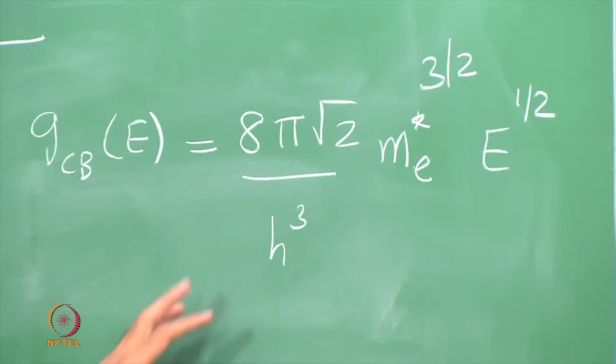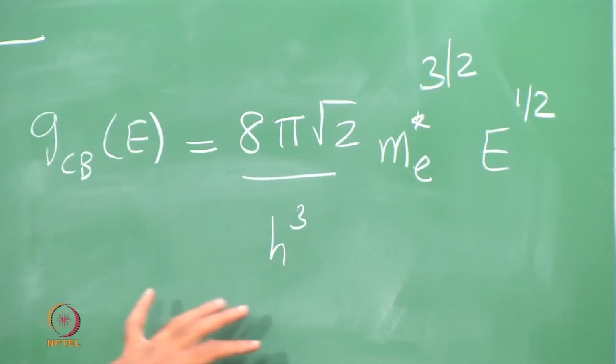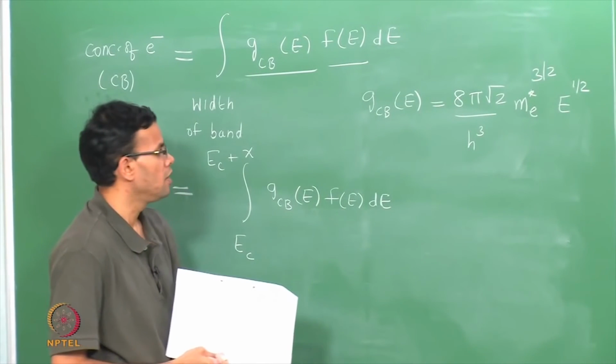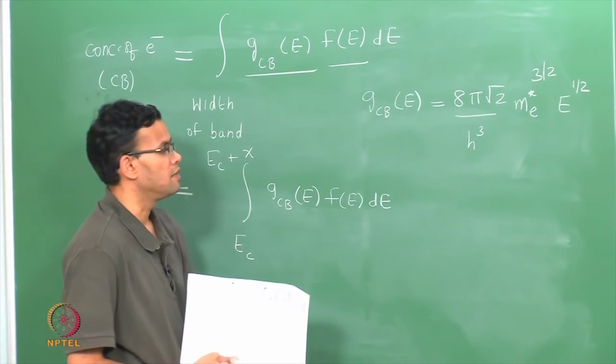This expression we saw earlier for a 3D solid, and we will use it to find the density of states for electrons in the conduction band of silicon.